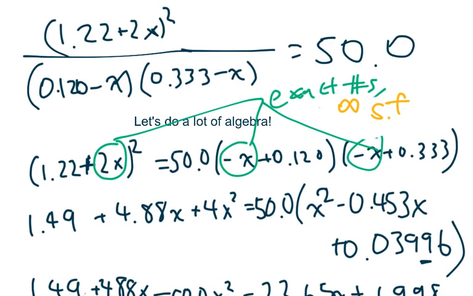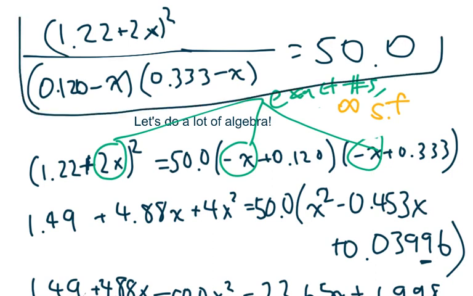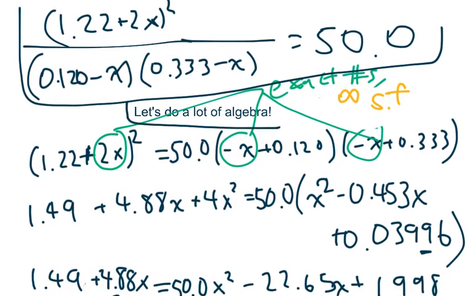So here is the equation we have to solve, and at first it looks very cumbersome. It looks complicated. And trust me, it is complicated. So let's do a lot of algebra. And before we continue, note that these numbers that I'm underlining right now are not exact numbers, and all these have 3 sig figs.